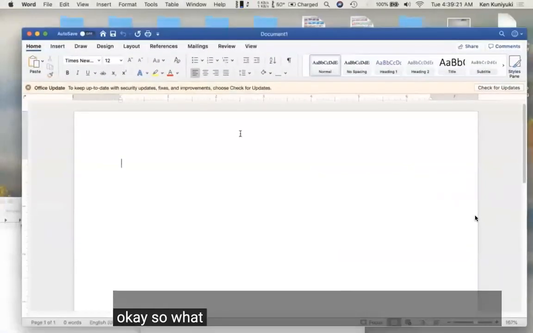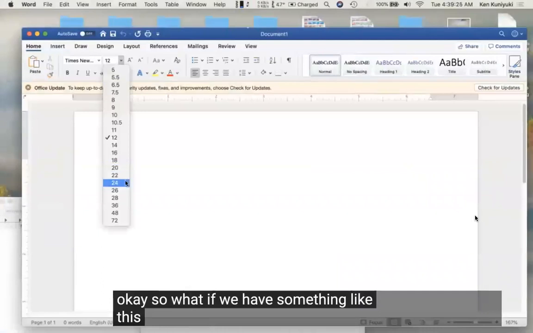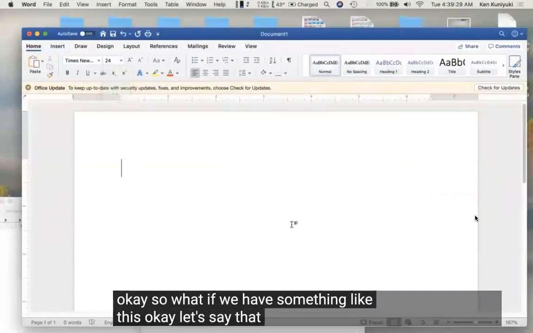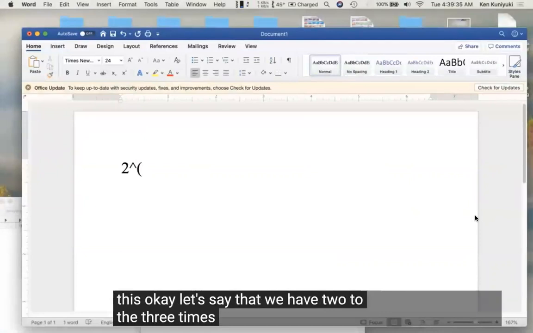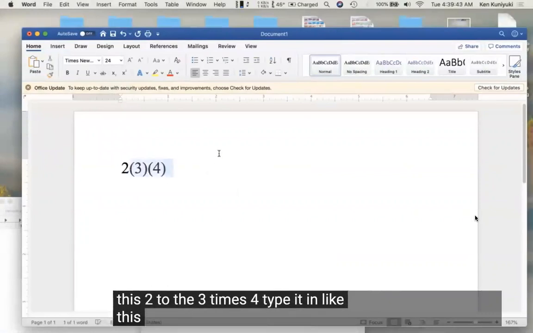Okay, so what if we have something like this? Let's say that we have 2 to the 3 times 4. Type it in like this, and then I'll superscript it.